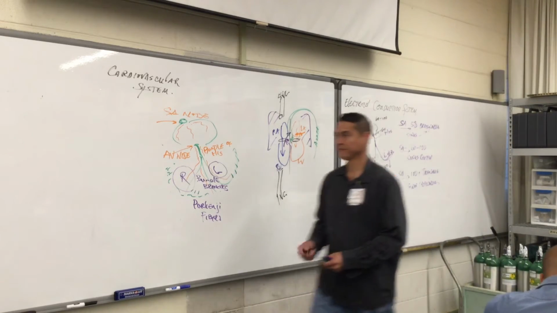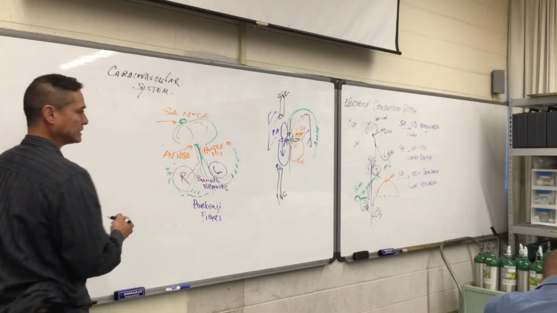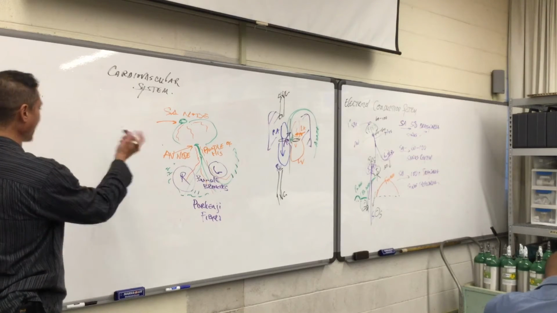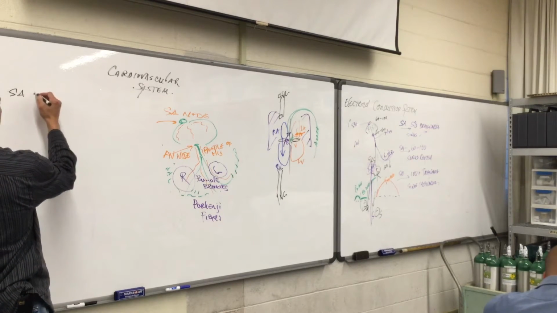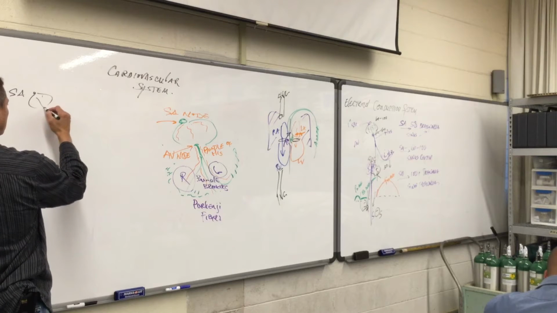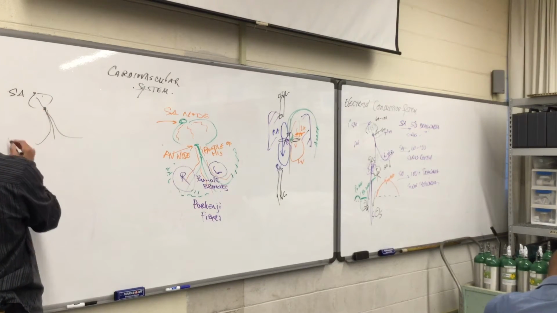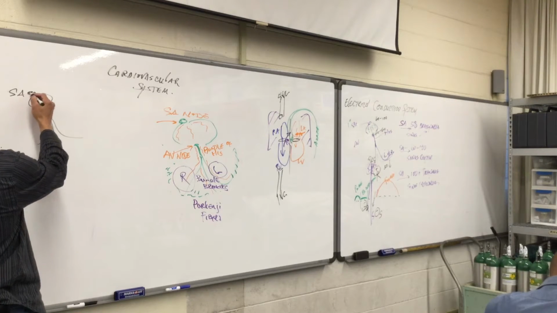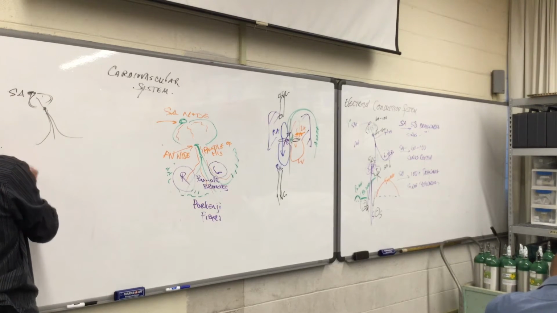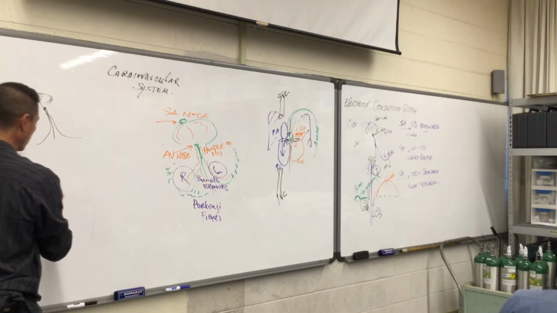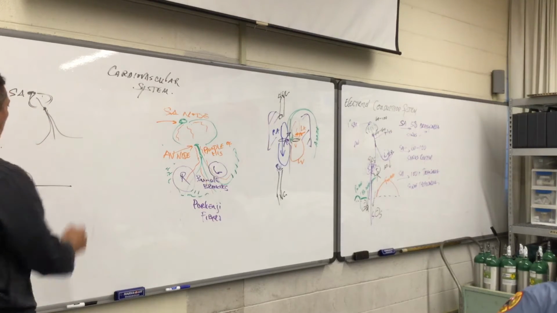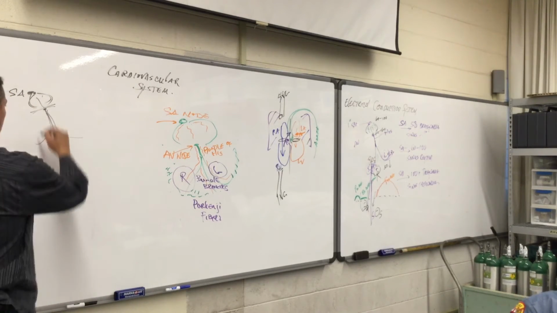So again, a normal rhythm that originates in the sinus node, SA node, when it originates at the SA node and fires through, will give you a T wave, usually upright. There is an interval where that pauses as a result of the AV node.